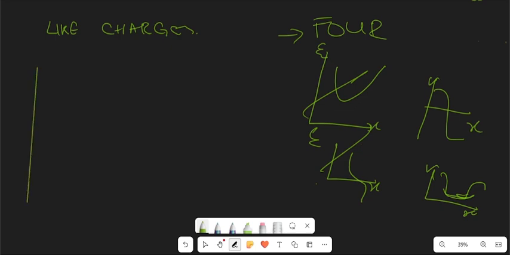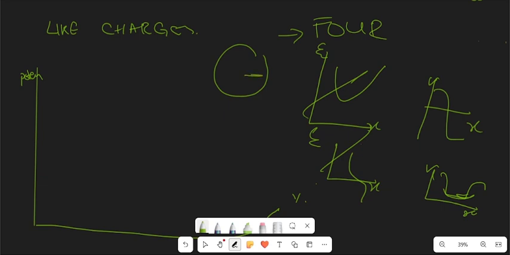So this is where you have the potential, this is where you have the distance. Now just always remember, when you have a particle and the distance for this radius, it is constant, it's uniform potential, so it will remain a straight line.